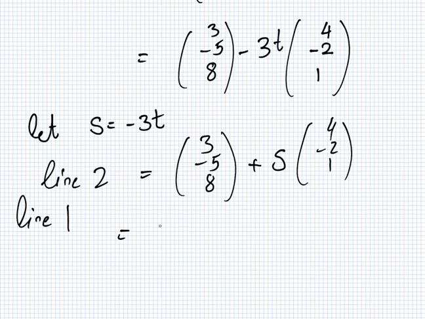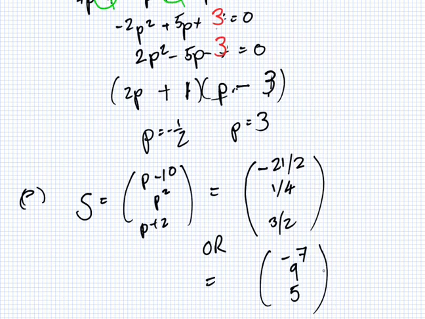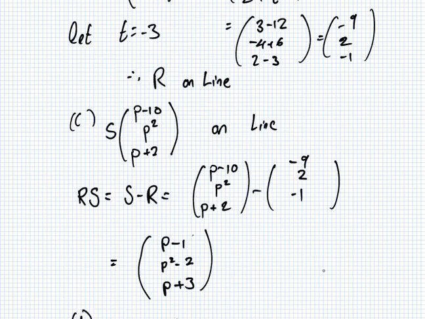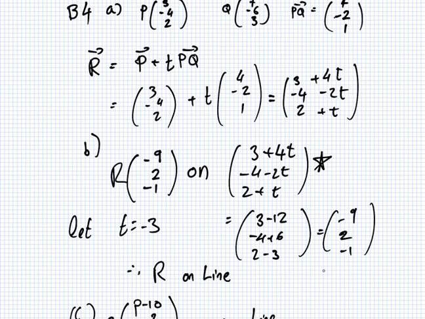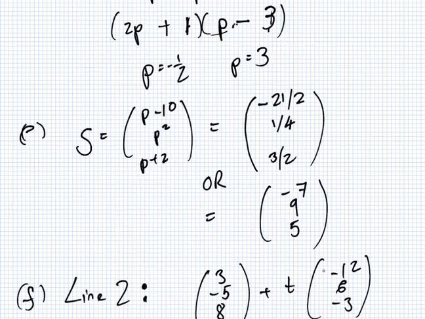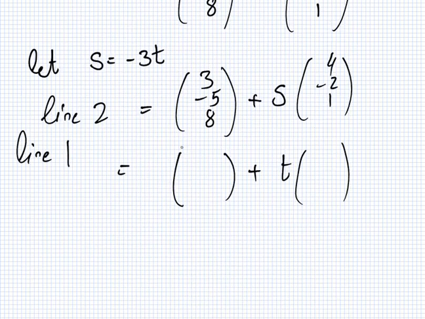I gave it to you earlier. There it is: 3 minus 4, 2, and then the other one was 4 minus 2, 1.